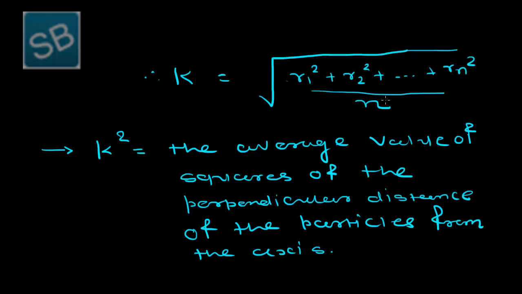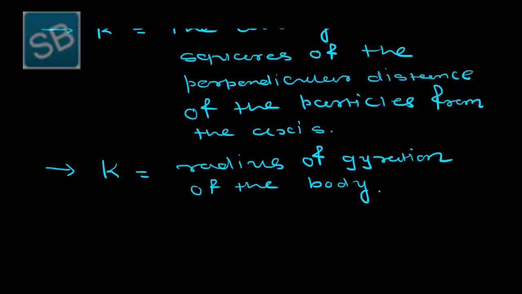You can clearly observe it is the square root of the average of the position vector square, and the SI unit of radius of gyration is very easy, that is meter, and its dimensional formula is L to the power 1.